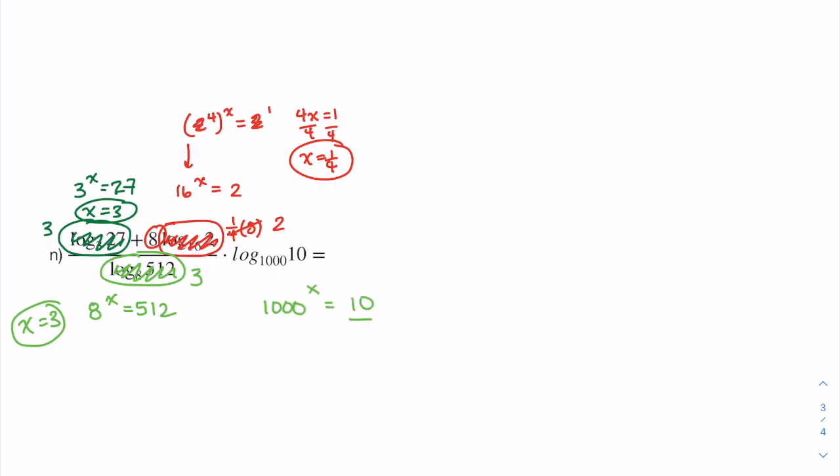Well, again, you see that the answer is smaller than the base. So that's probably going to be some radical. So let's see, we could write it like this. 10 to the third to the x equals 10 to the first. And you can already kind of see it right here. 3x equals 1, so x equals 1/3. So this just becomes 1/3.